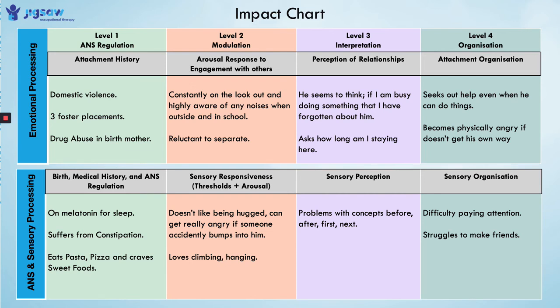Now this may be a way of them ensuring that you're keeping them in mind and keeping that engagement. So if they're feeling forgotten, perhaps a strategy to ensure that they're not forgotten is to constantly seek for that engagement. And a way of doing that could be asking for help even when they're quite capable.